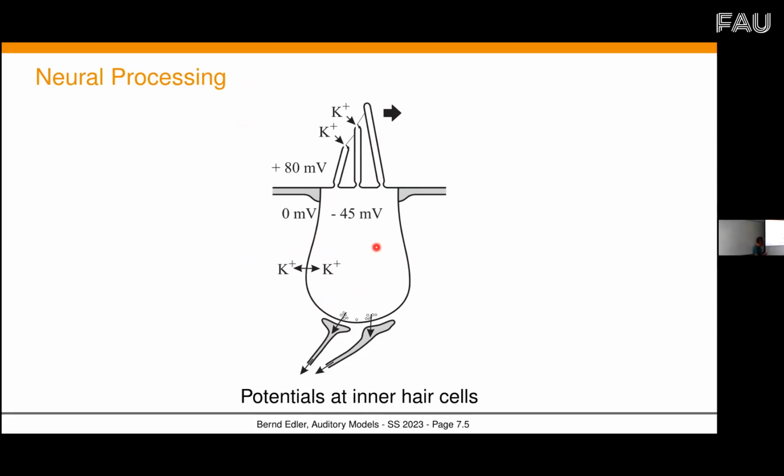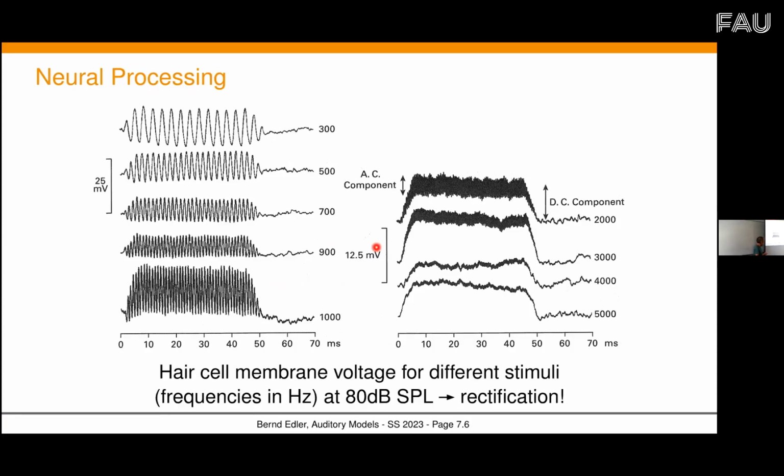We have kind of a low-pass filtering characteristic, and that's what we can observe if we excite the basilar membrane with a certain frequency and measure the membrane voltage for these different stimuli.